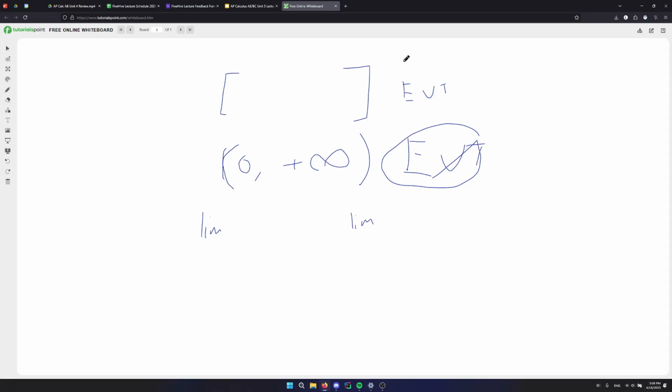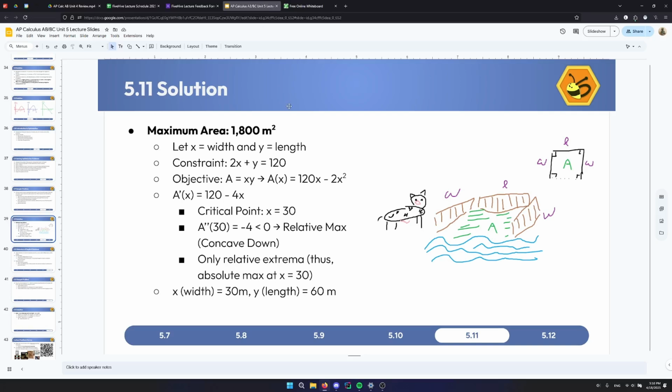Just getting back on track, does this make sense to everyone with checking the domain, when we can use EVT, when not to use EVT, and if we can't use EVT, what to do instead? Be mindful of what the domain is in the context. If we have an open interval, remember, don't use EVT. You could either use what I did with the second derivative test, or you can use limits. There are many different ways of solving optimization. To recap, we have our first derivative test.